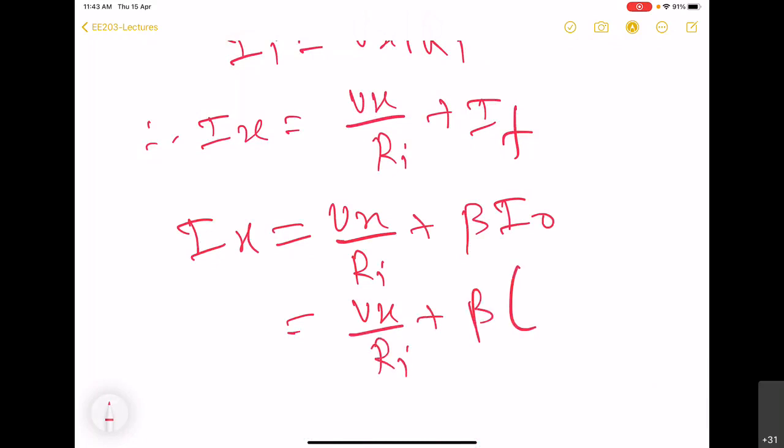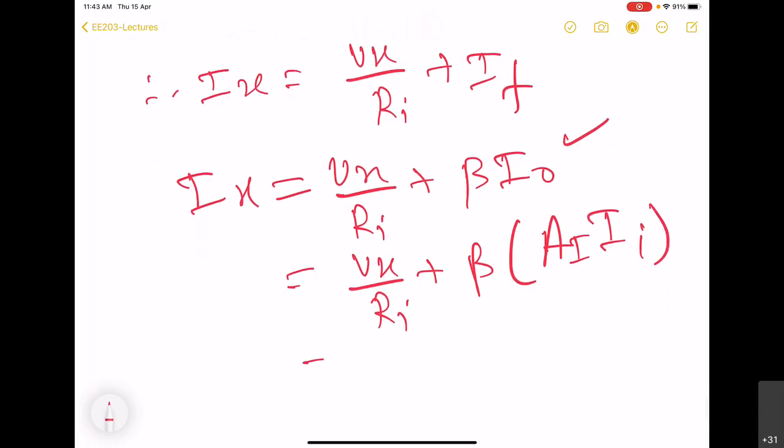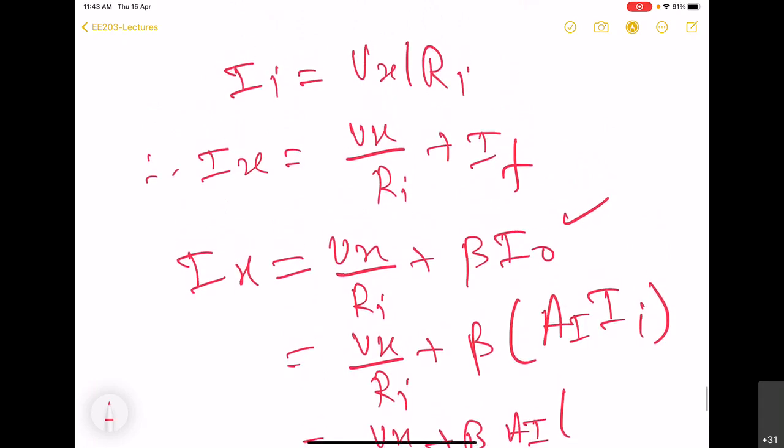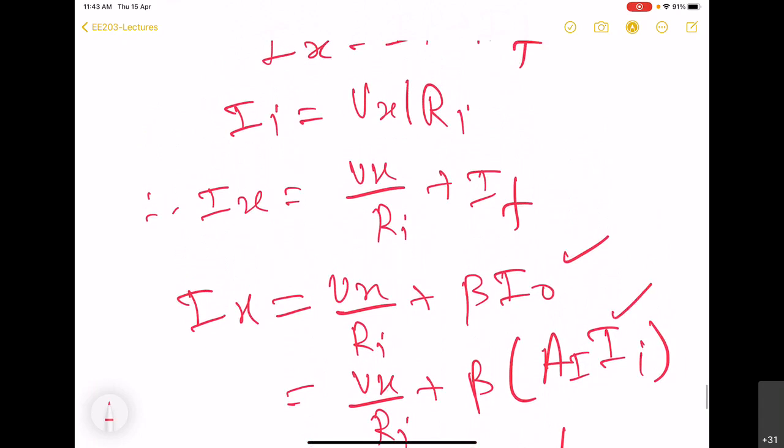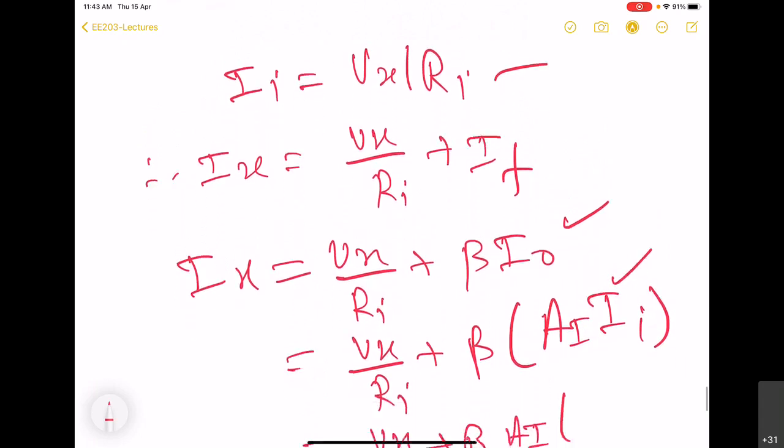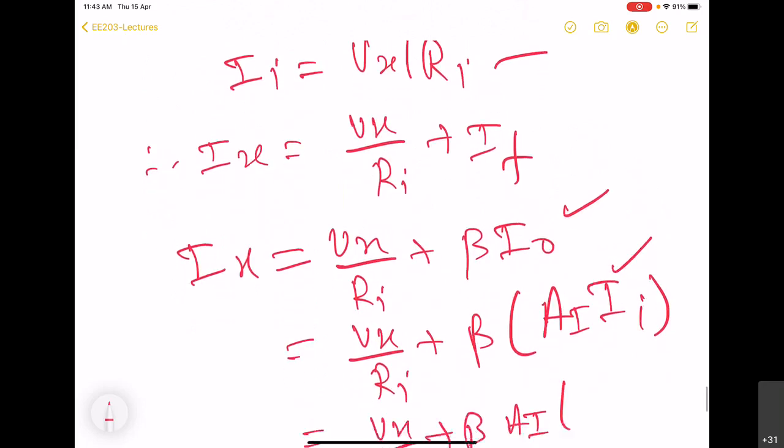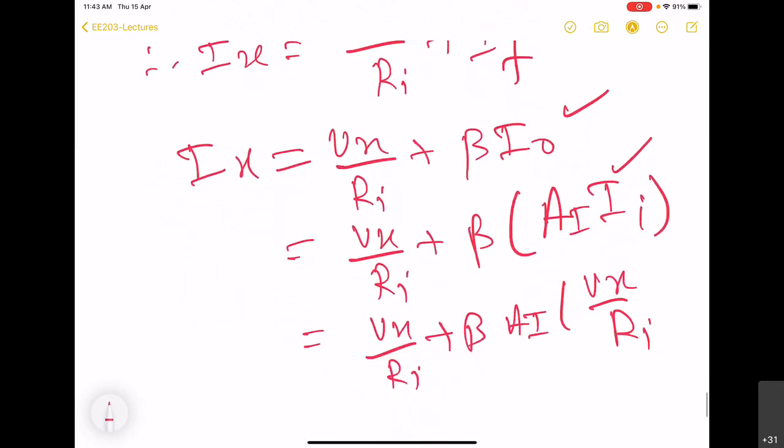Now we know that this beta into I0 is AI into the current that is flowing into the amplifier. And this II we have already seen here is equal to Vx by Ri.